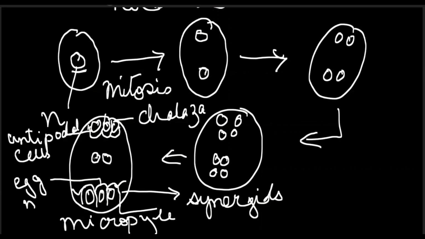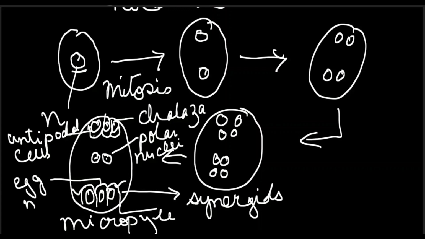And the 2 free nuclei which we see in the middle of the megaspore, we will be calling them the polar nuclei. I repeat, the polar nuclei will not be surrounded by any cell wall and they will be free in the middle. Now, at the stage at which we are finding within the wall of the megaspore, we get 7 cells.